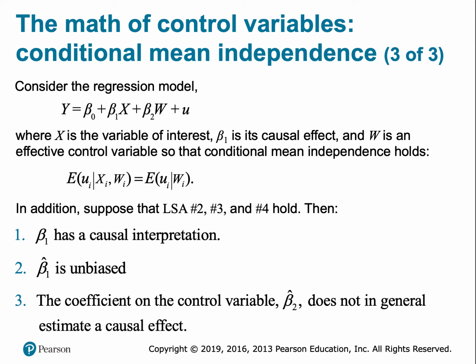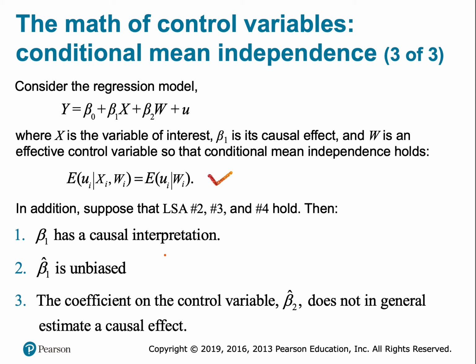If we consider the regression model y equals beta naught plus beta 1 times x plus beta 2 times w plus u, where x is the variable of interest, beta 1 is its causal effect, and w is an effective control variable so that conditional mean independence holds, we have this expression: the expected value of the OLS residual given xi and wi is equal to the expected value of ui given wi, so that ui is independent of xi.